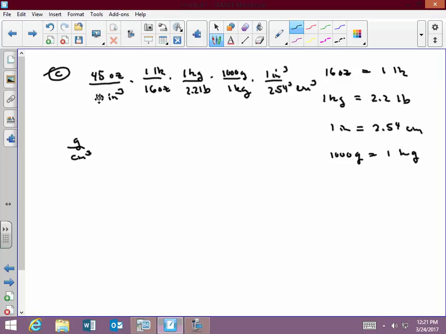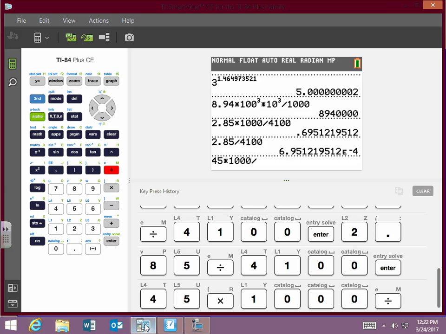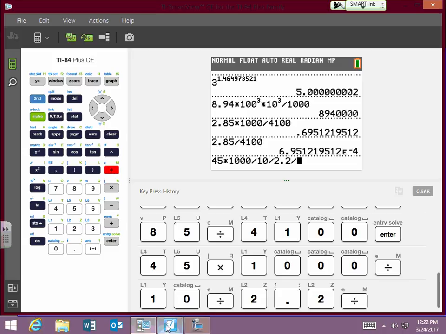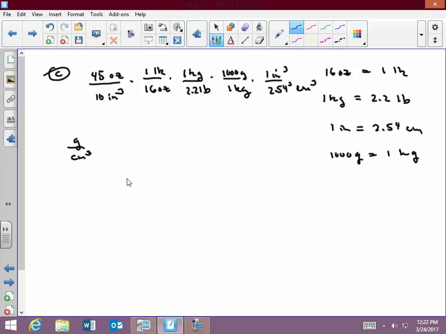So we got to divide by 10, 16, and 2.2, and 2.54 cubed.